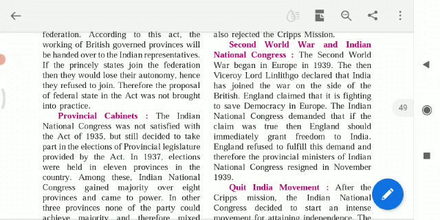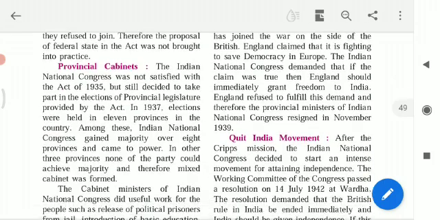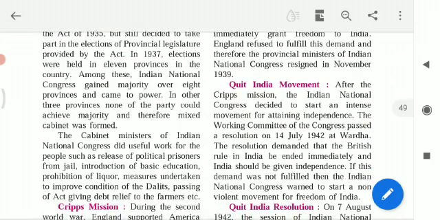So, children, here you have come to know about the resignation of the Congress ministers. Now I will discuss the Quit India movement. After the Cripps mission, the Indian National Congress decided to start an intense movement for attaining independence.